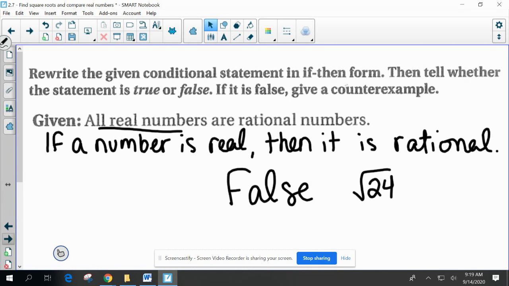Okay? What do you mean by real number? A real number, okay, that is kind of confusing because you guys really don't know about numbers that aren't real. But in geometry and algebra 2, you'll start learning about a set of numbers that are not real. So the square root of a negative would be an example of a number that's not real.